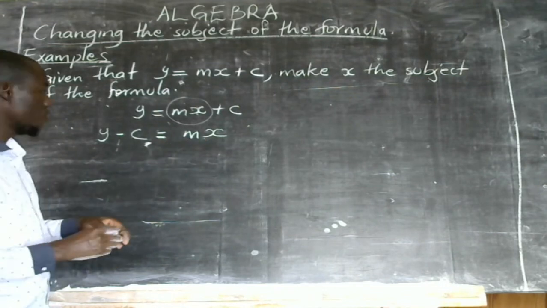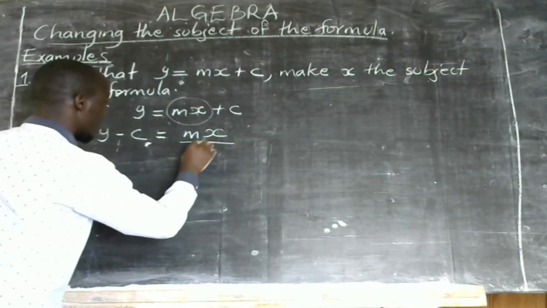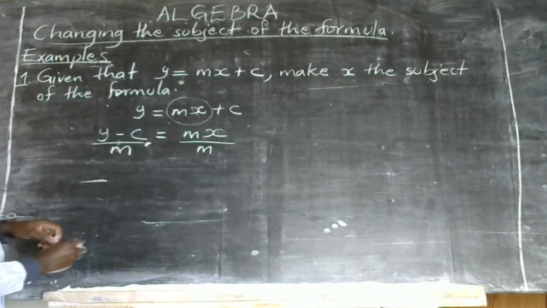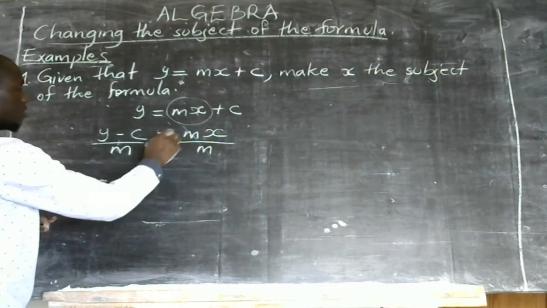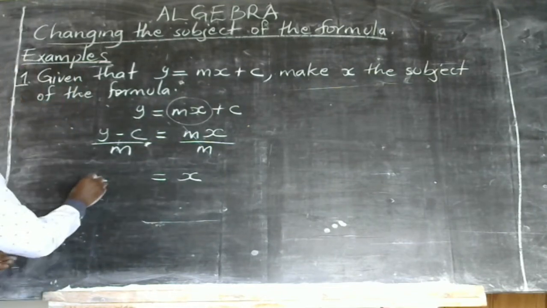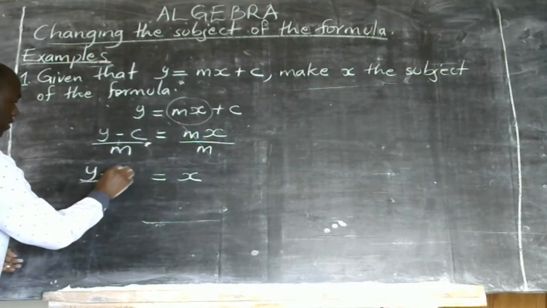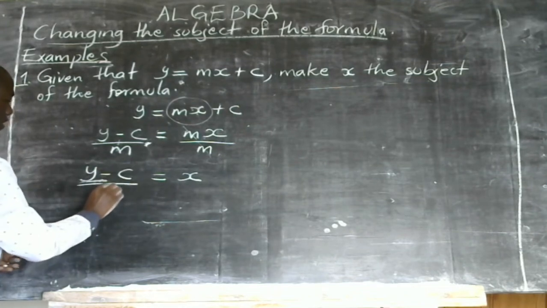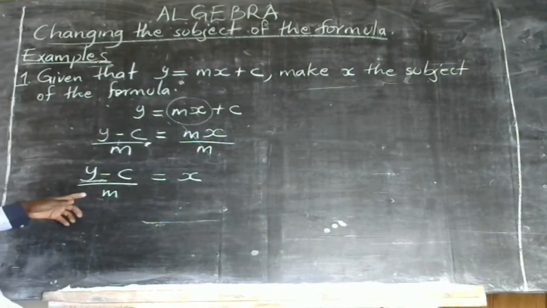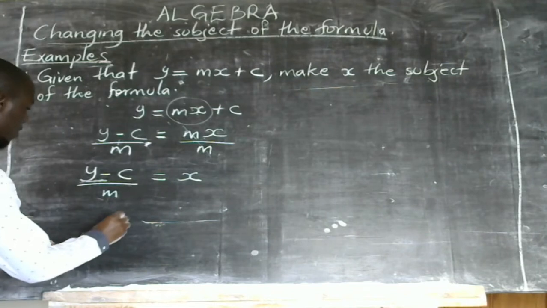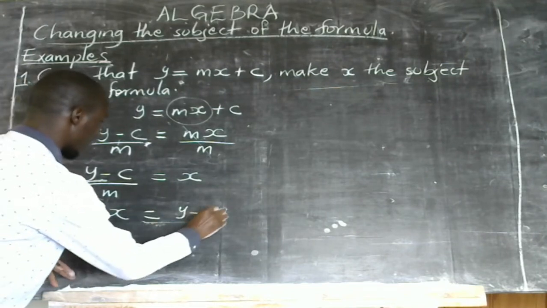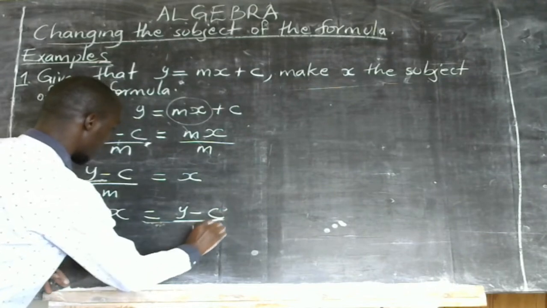So what I do, I'm going to divide both sides by m such that the m here cancels to have x alone on that side to be equal to y minus c all over m. So just rearranging, beginning with the x, this is going to be equal to y minus c divided by m.